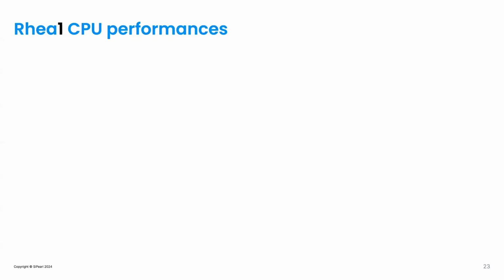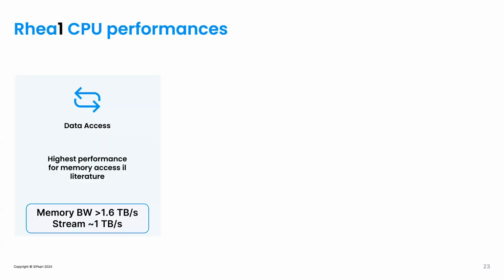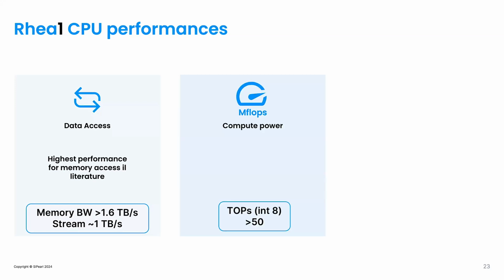In terms of performance, what we have for RIA1 at the moment is that we will have high value for data access, which means memory bandwidth and stream. Compute power, which I measure here in TOPS, since we will talk soon after of AI, bigger than 50.